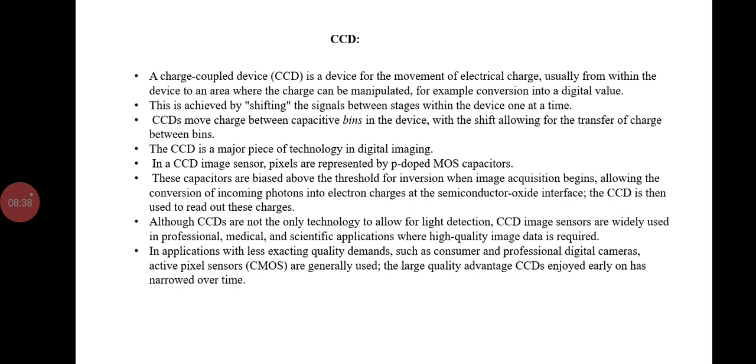Once the array has been exposed to the image, a control circuit causes each capacitor to transfer its content to its neighbor. The last capacitor in the array dumps its charge into a charge amplifier, which converts the charge into a voltage. By repeating this process, the controlling circuit converts the entire contents of the array in the semiconductor into a sequence of voltages.